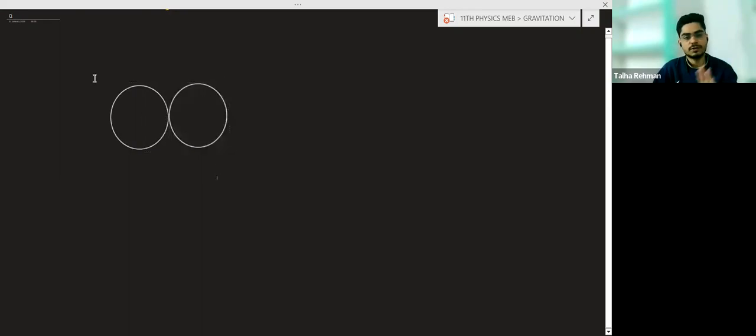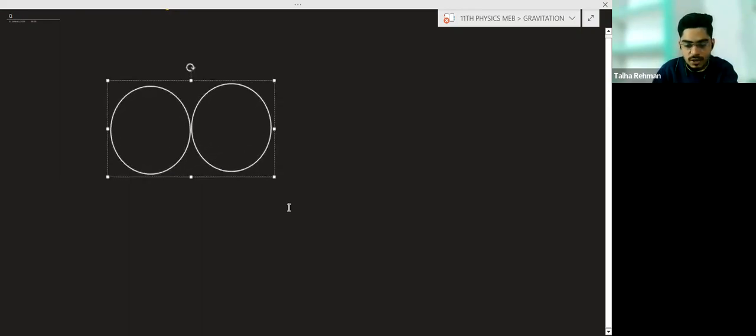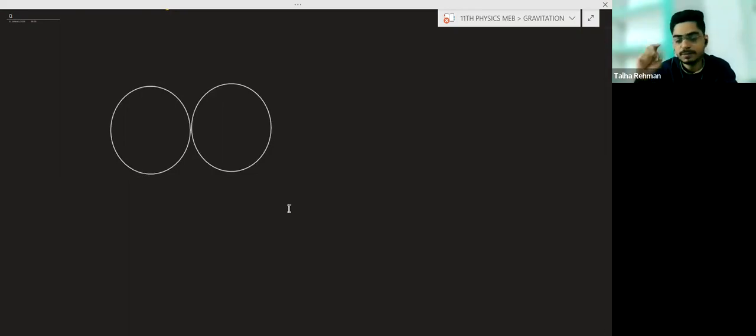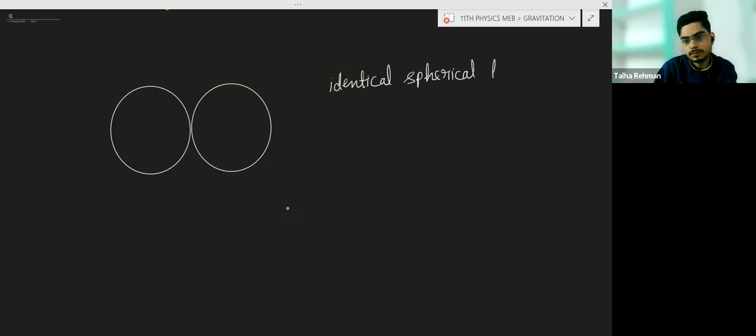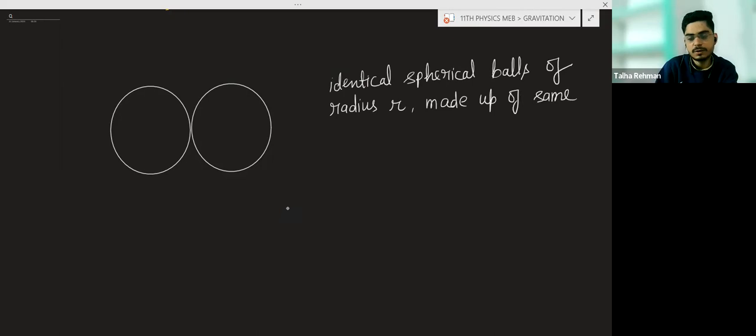These two masses are in contact and they are identical spherical balls of radius small r, made up of the same material.